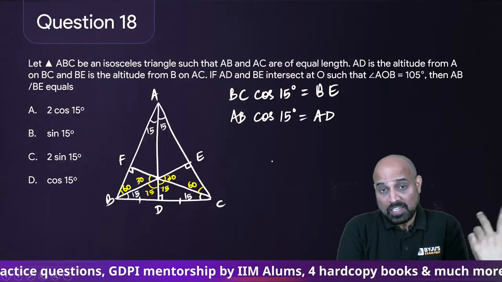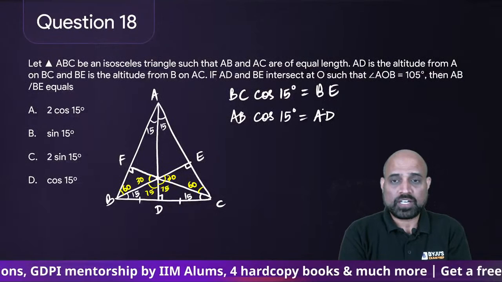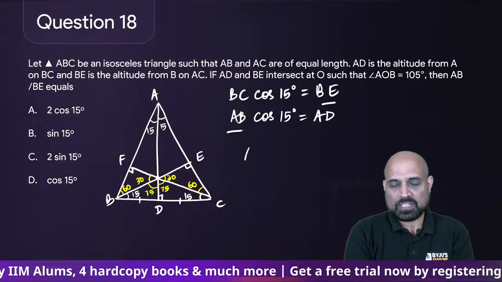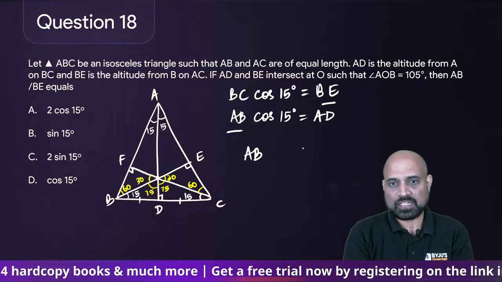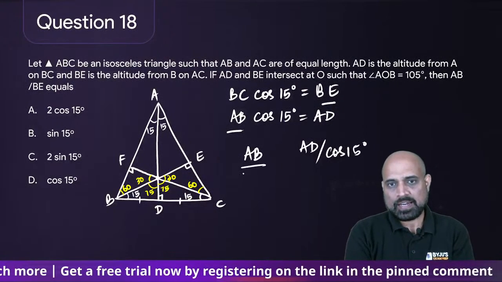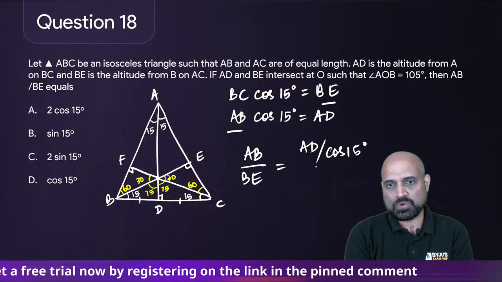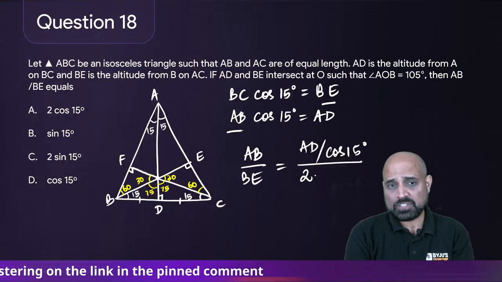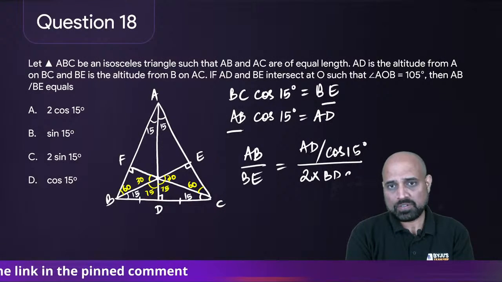Who knows? Let's try. So what I'm going to do is I'm going to take AB and divide it by BE. So AB is going to be AD by cos 15 and BE is going to be BC. Now BC can be written as 2 times of BD cos 15.